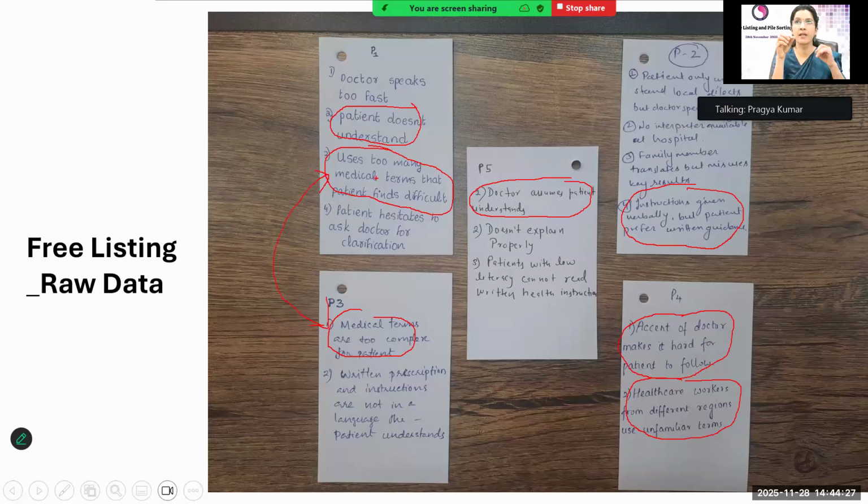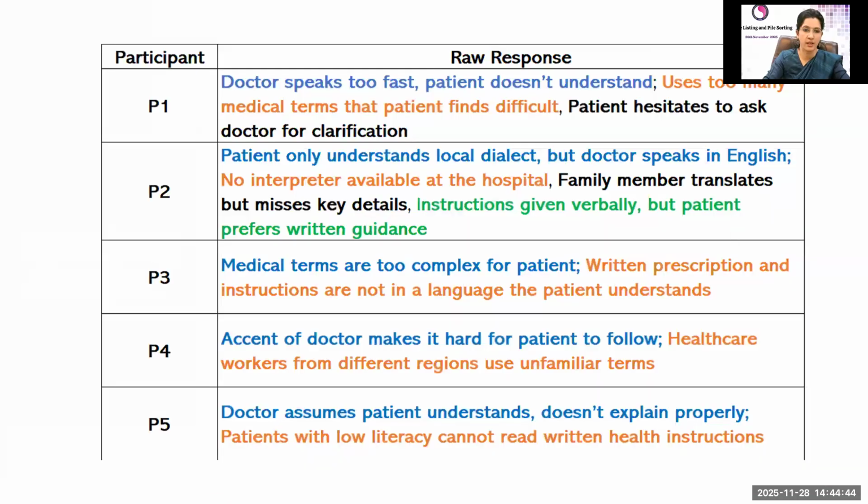So many times whenever you ask a person, he will give you a crude list. Now you have to refine that list, and that process is known as the harmonization of the listing. So this was the raw response: doctor speaks too fast, patient does not understand, uses too many medical terms, patient hesitant, no interpreter available in the hospital.